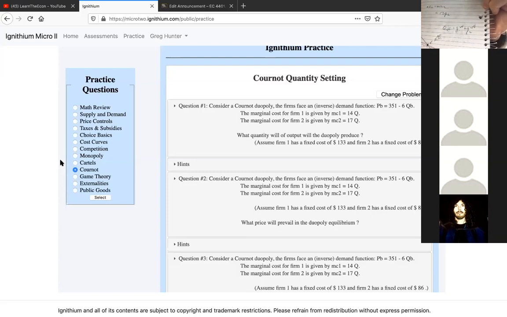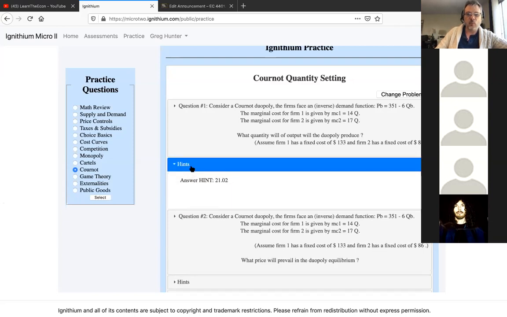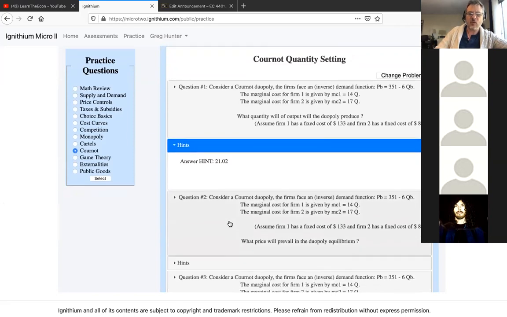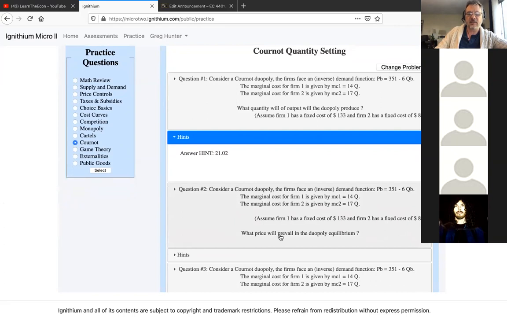So, okay. So let's see what Ignatius says the Nash equilibrium quantity is for this industry. And just so you guys know, the next question is, what would be the Nash equilibrium price in the industry?